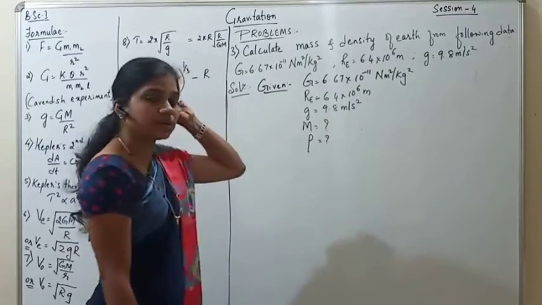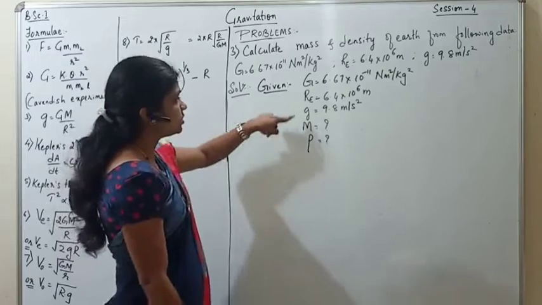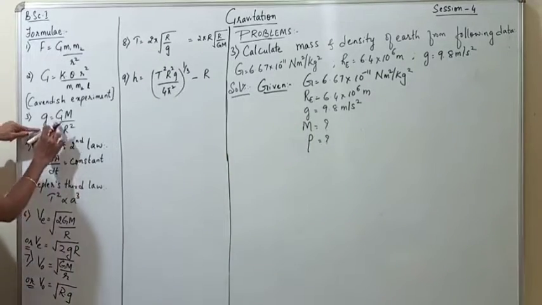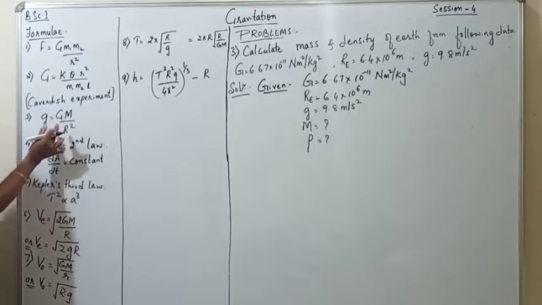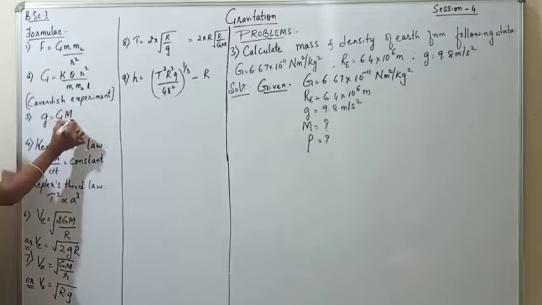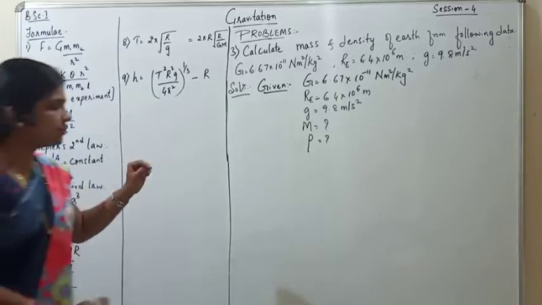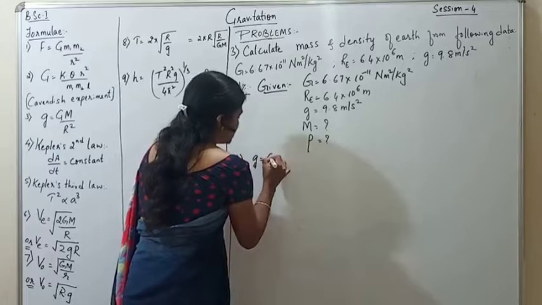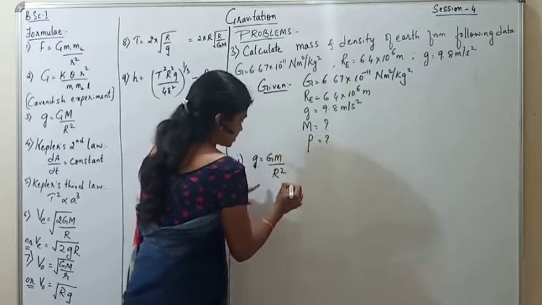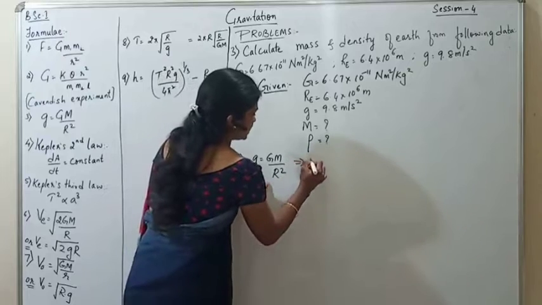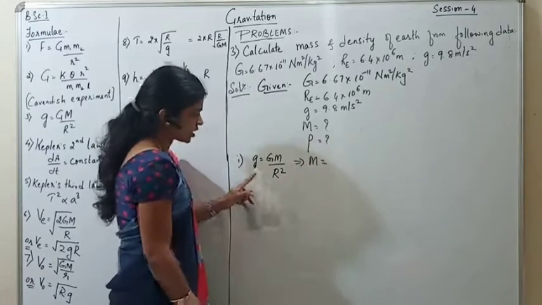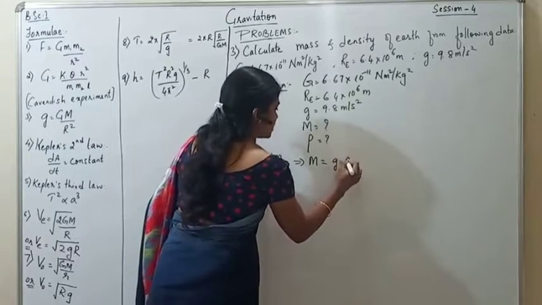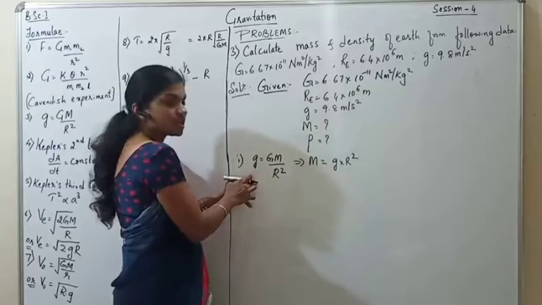So how do we calculate the mass of the earth? Now, since we know small g, this is equal to GM upon R square. So from this I can calculate what is the value of M. So here we have g is equal to GM upon R square. So this implies M is equal to what? This R square comes on the other side. So we have g into R square, and this capital G comes below.